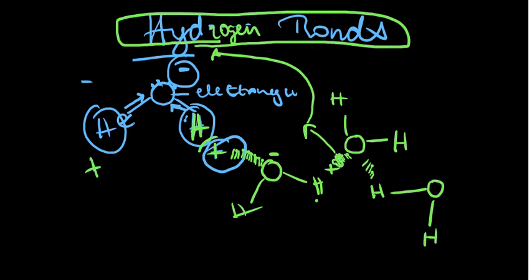So what you notice is that there is no sharing of electrons, but a bond is being formed because there is an attraction between opposite charges. And these opposite charges come about because the individual atoms are either slightly positive or slightly negative.